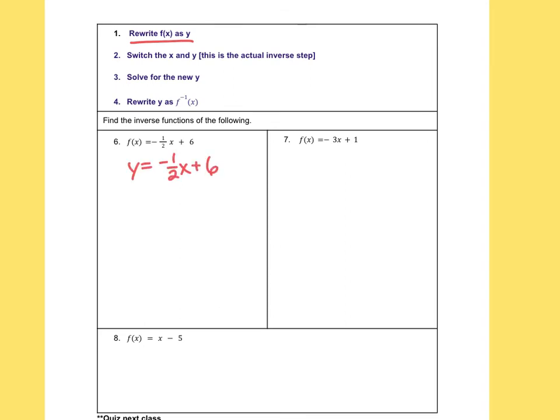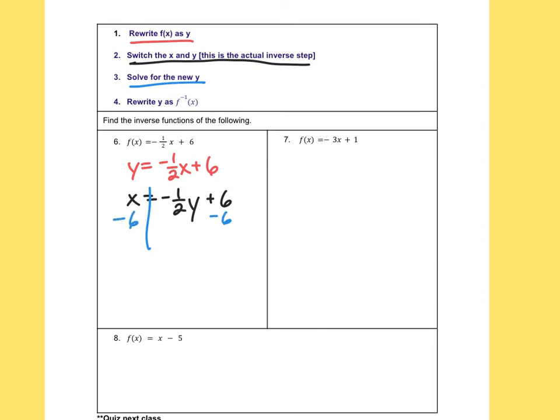Okay, next step is to switch the x and the y. So everywhere where there's a y, I'm going to put x, and everywhere where there's an x, I'm going to put y. Don't change anything else. Next step is just to solve for the new y. So to do that, I'm just going to solve this equation.